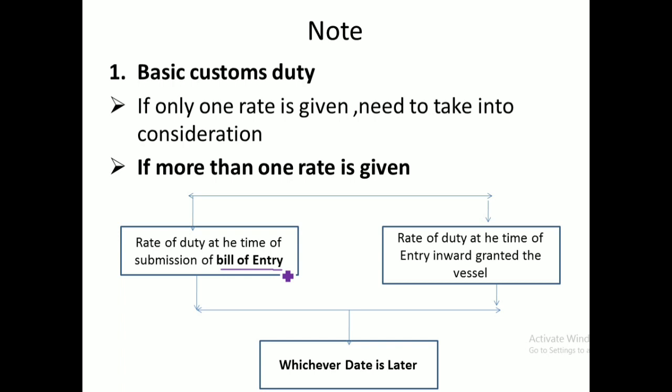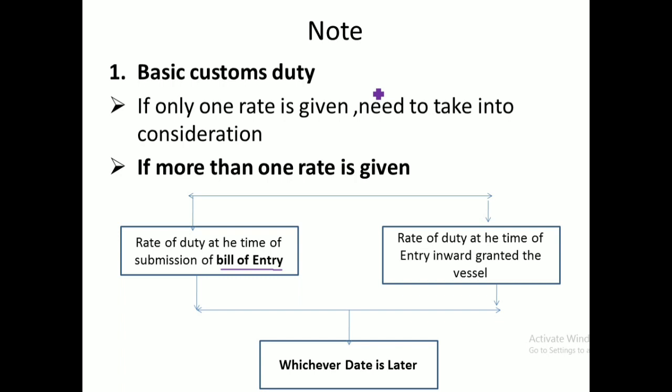The importer may submit the bill of entry before importing the goods from the exporter, or else if entry inward has been granted to the vessel for unloading the goods, whichever date comes later, on that date whatever the basic custom duty is, that we need to consider.